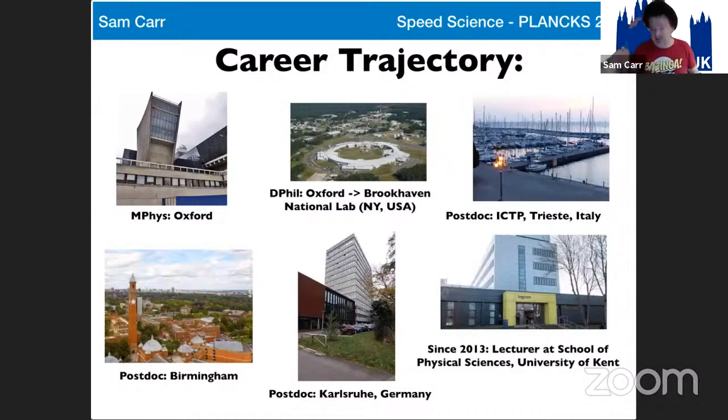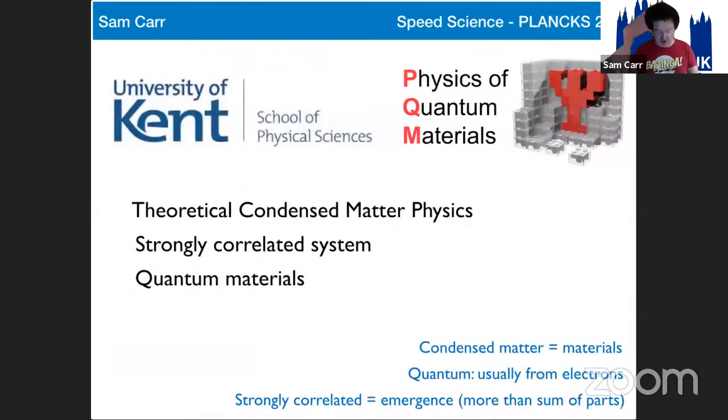One of the great things about an academic career, I think. And since 2013, I've been a lecturer at the School of Physical Sciences in the University of Kent, which you are all virtually visiting just now. Such a pity you couldn't actually be here. It's a lovely city. So, I do theoretical condensed matter physics, and more specifically, I work on strongly correlated systems.